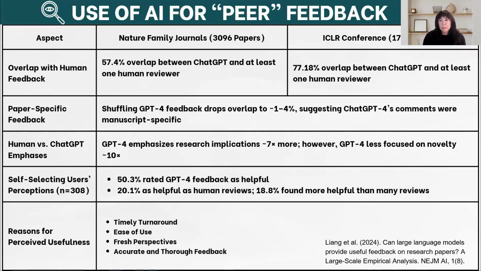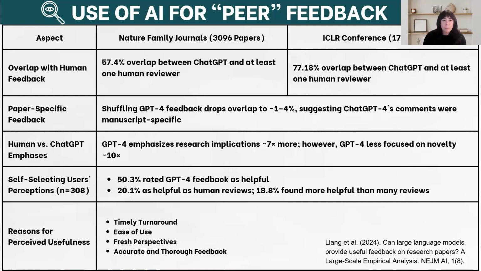So looking at the first row, in terms of the retrospective portion, the researchers assessed the nature or the extent of overlap between human and AI feedback, looking at 3,096 papers in the Nature family journals and 1,709 papers in the ICLR conference family of the data set.